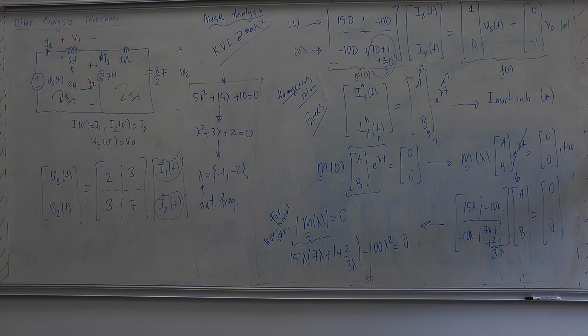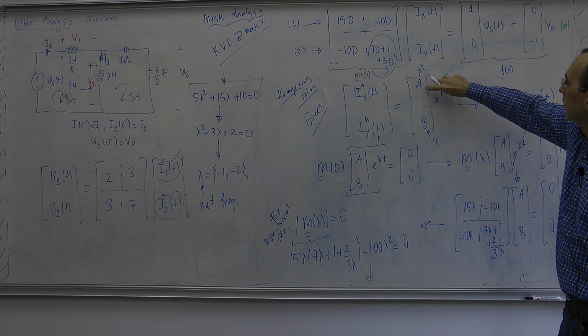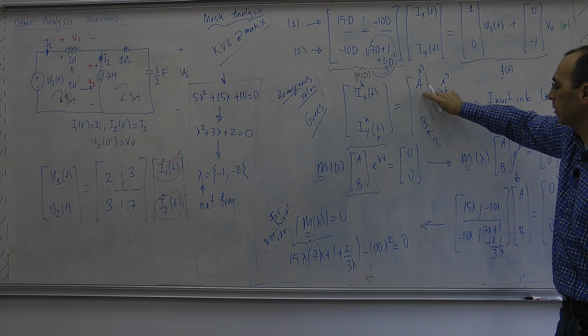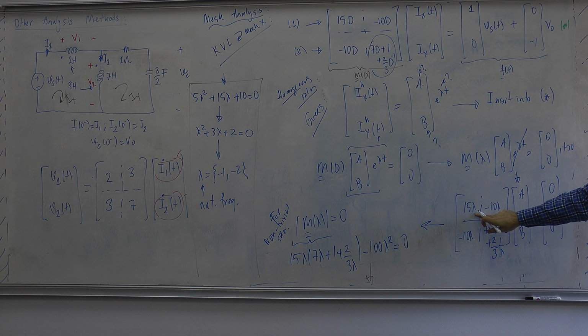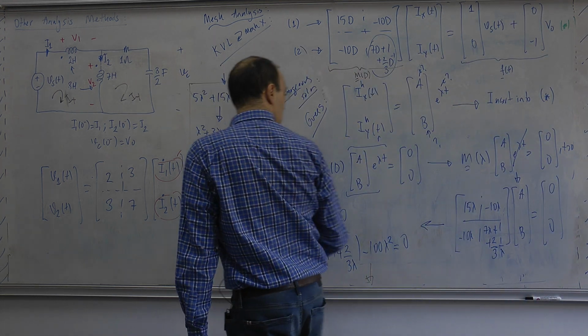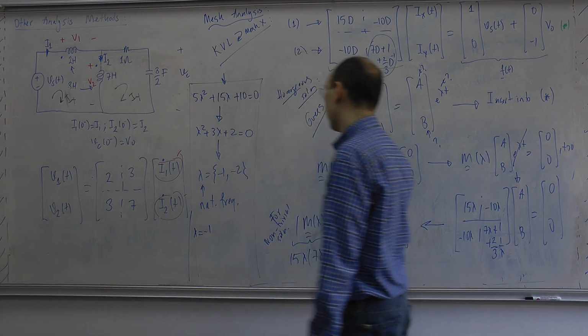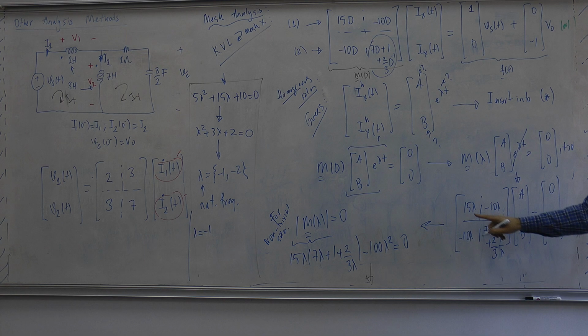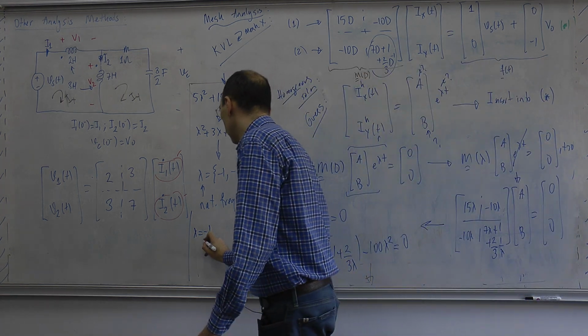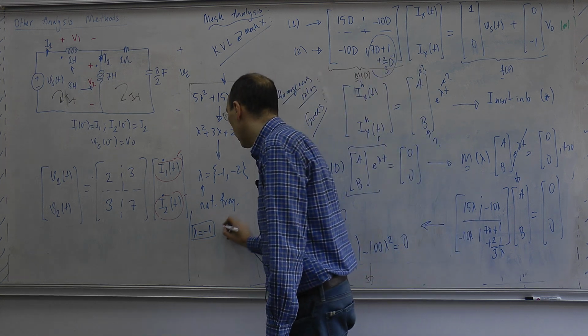So is this the end? It's almost the end. So if a natural frequency is, for example, minus 1, then how can I find this AB vector? Well, you insert minus 1 over here. So let me do this. Do I have enough space? Perhaps. If lambda is equal to minus 1, then I have minus 15. So I'm writing this equation right now.